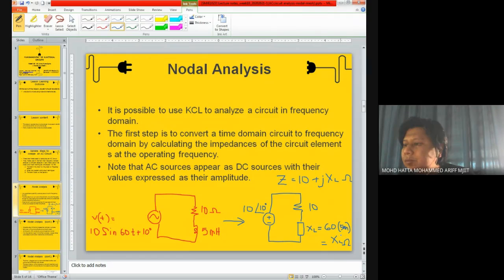So this is what happens at the early stage of circuit analysis for an AC circuit. You need to transform from the time domain, this is considered the time domain, to the frequency domain.